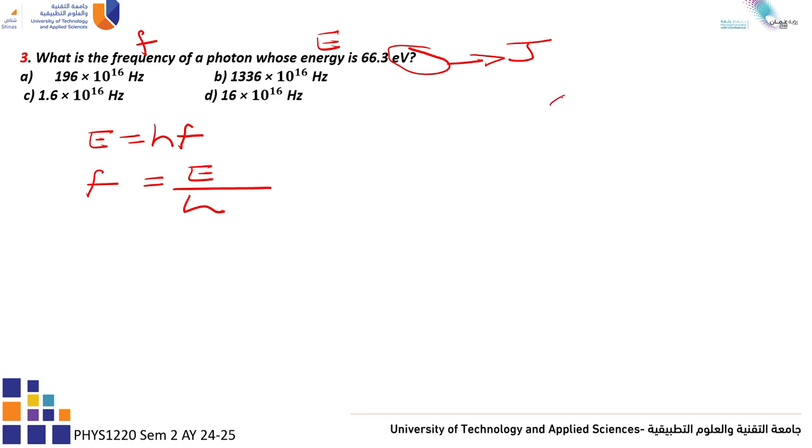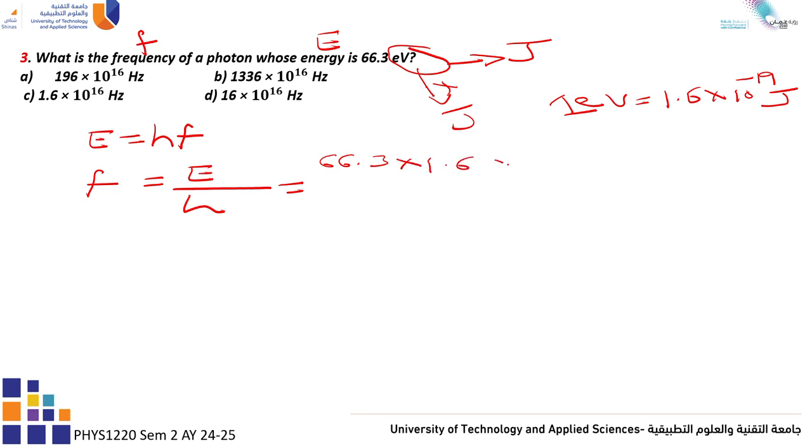The relation is that 1 electron volt is equal to 1.6 times 10 to the power minus 19 joule. So I need to change this to joule, so I will multiply: the value of the energy in electron volt is 66.3, multiplied by 1.6 into 10 to the power minus 19, and the value of h, the Planck's constant, no need to memorize this value.